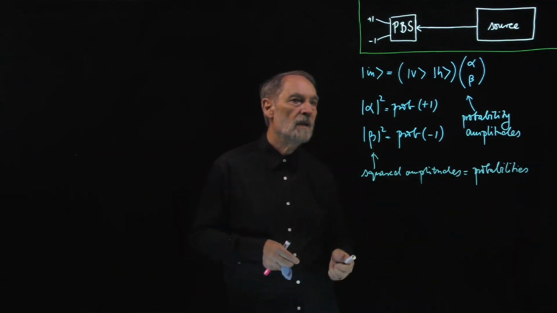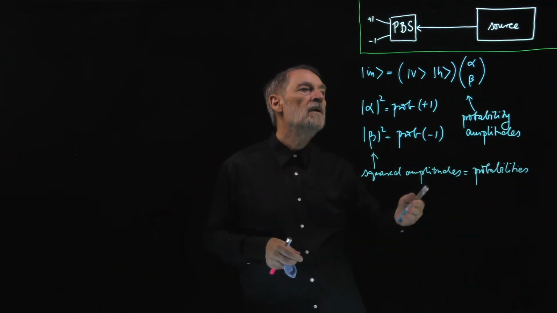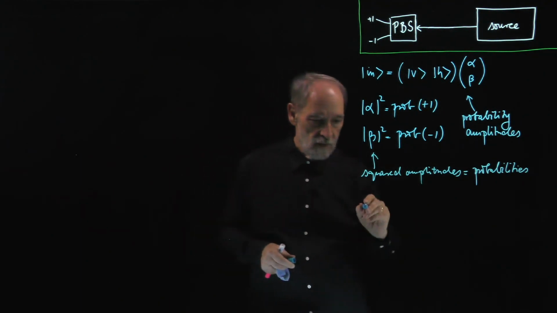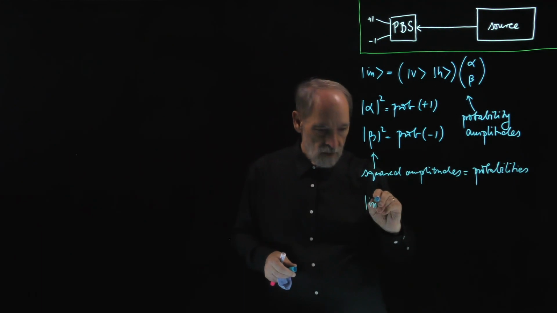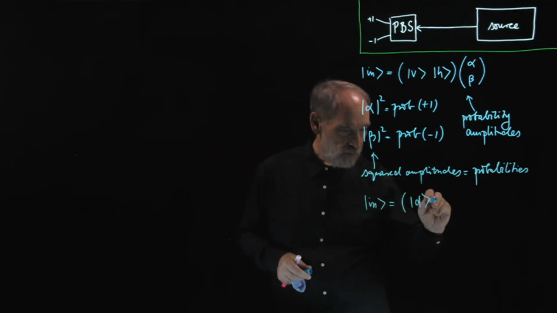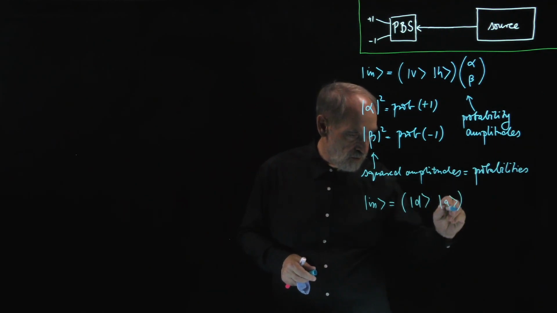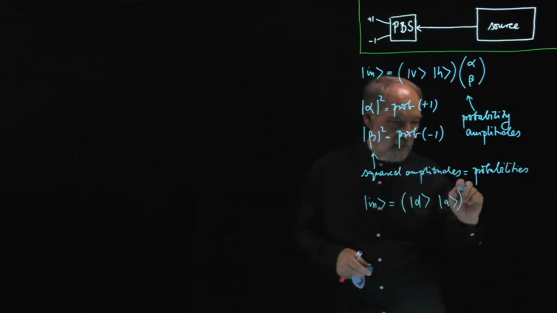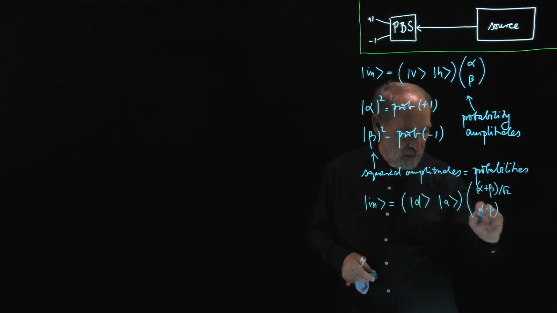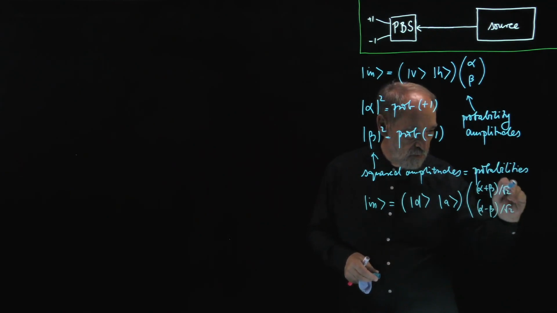Now, what is true for vertical horizontal must also be correspondingly true if we refer to diagonal and anti-diagonal polarization, where we had the probability amplitudes of alpha plus beta divided by square root 2 and alpha minus beta divided by square root 2.